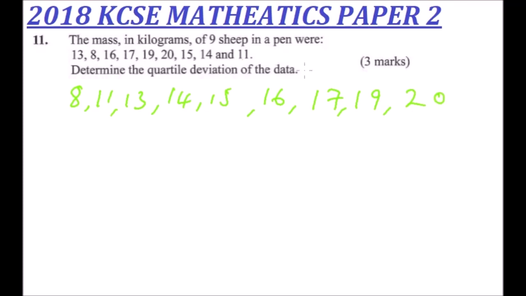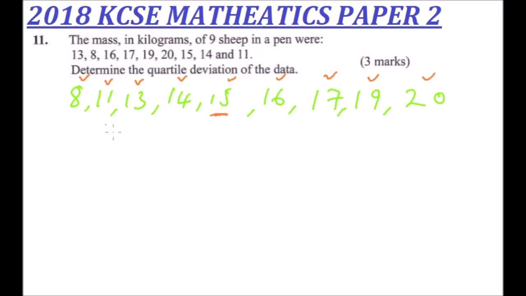So the number of data we have is 1, 2, 3, 4, 5, 6, 7, 8, 9. So it means the middle value is 15. So below we have 4 values, and upper part we have 4 values.